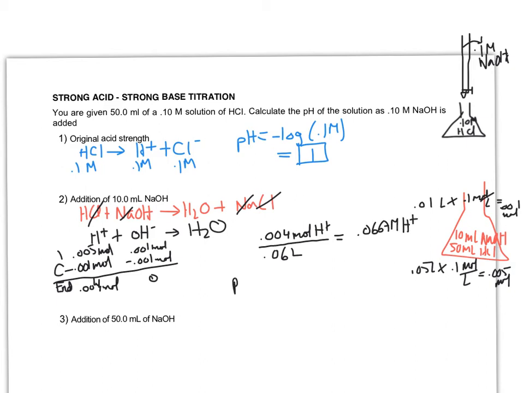So my pH would be negative log of that, which ends up being 1.17. And so I started out at a pH of 1, and now after adding 10 milliliters, it increased slightly to 1.17. Let's look at what would happen if I add 50 milliliters of NaOH.